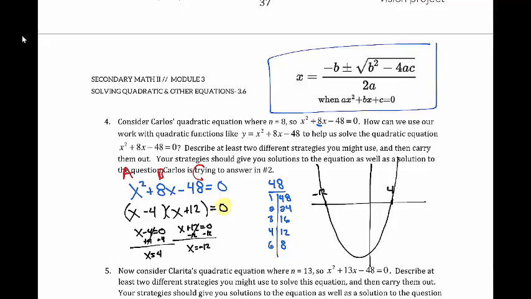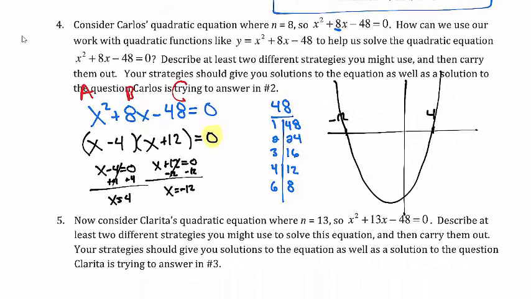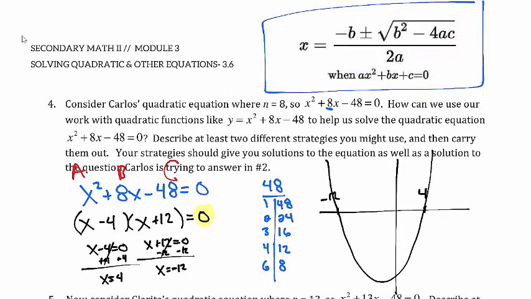And then we got to here. It says, consider Carlos's quadratic equation where n is 8. So what we said last time was Carlos thinks that if the width of the logo is x, the perfect dimensions for the length would be x plus 8. And then we multiplied that out and we said x times x plus 8 is supposed to be 48 inches of paint.